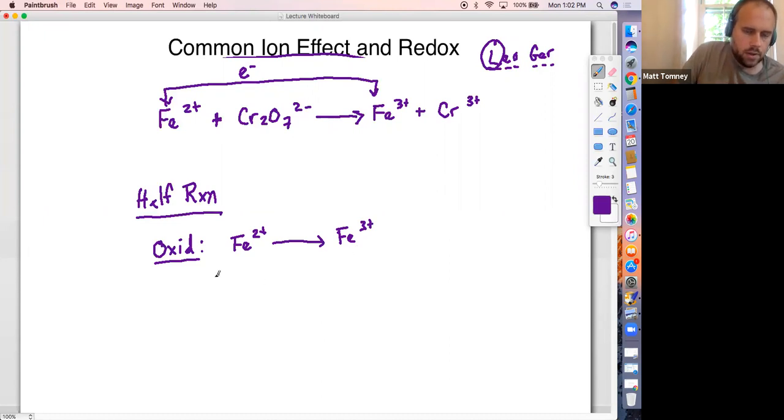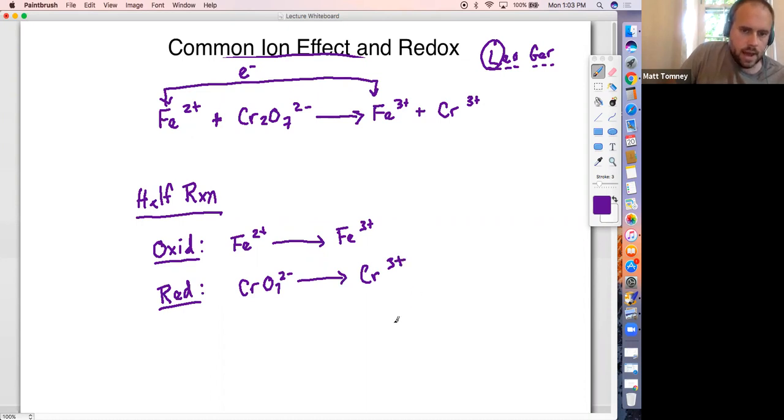All right, so then that means by default, the other one has to be the reduction. And for the reduction, we've got chromate, Cr2O7 2-, goes over to Cr 3+.